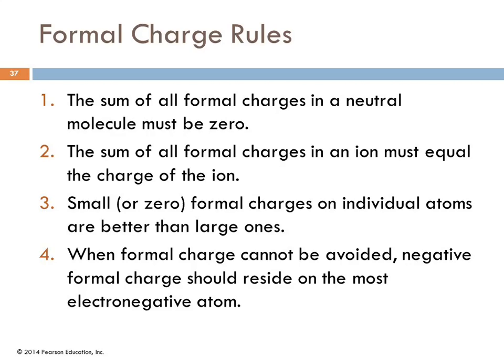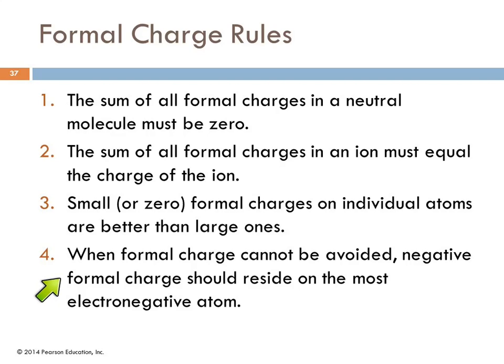And how do you choose? Well, this is a more concrete way of choosing. You can look at both of them and calculate the formal charges on all the atoms. The one that has the smaller formal charges, or preferably even 0, is going to be better. When you can't avoid formal charges, look at which is the most electronegative atom.